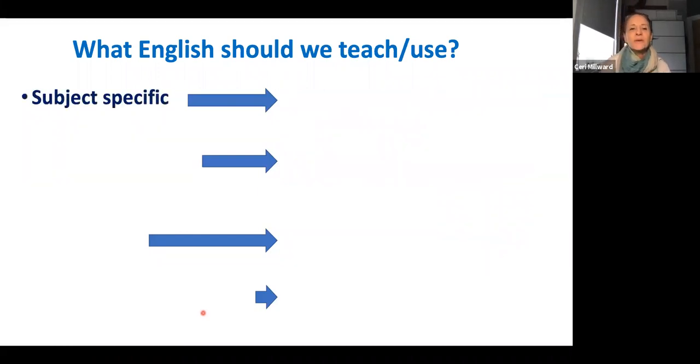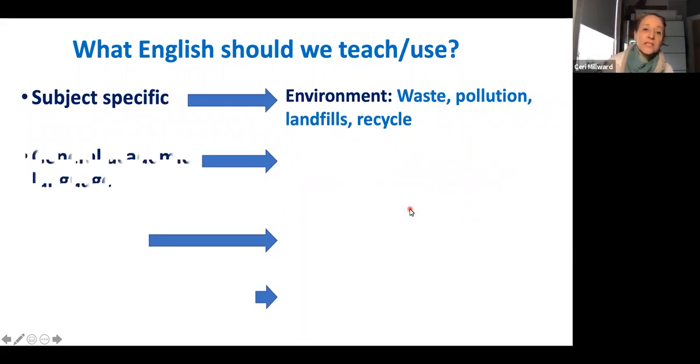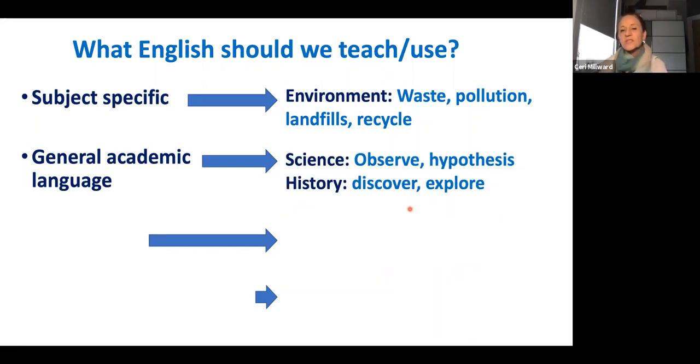So we've already talked about subject specific language. So obviously that's the language that we need to talk about our subject. And in this case, it's the environment. So for example, we have waste, pollution, landfills, recycled. We also need, obviously, general academic language, which a lot of the time is verbs.